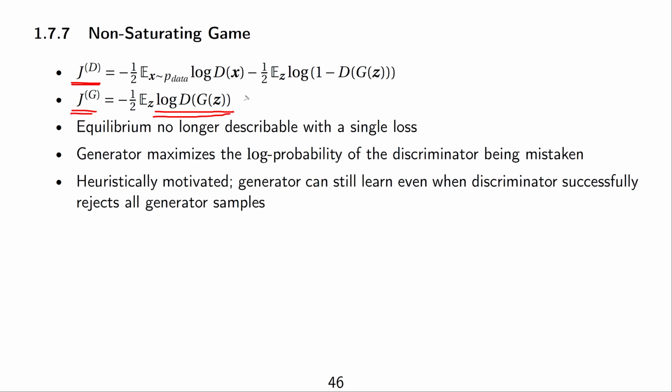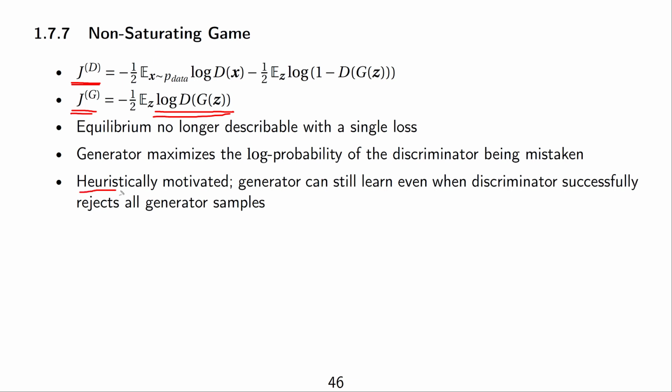This is motivated by some analysis that if the generator is not doing really well, for example in the beginning, and the discriminator can dominate the generator, it's very difficult for the generator to get a meaningful gradient signal. This version is better in helping the generator to learn.